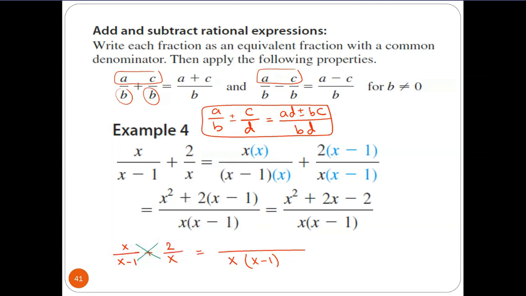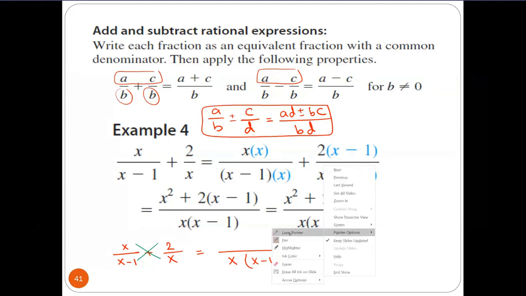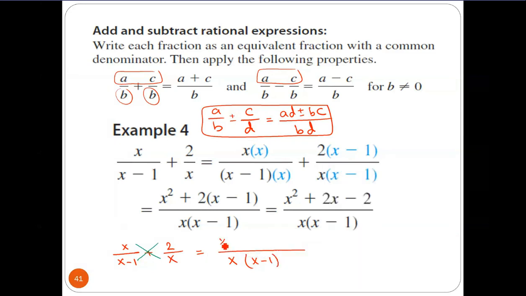Cross product: x multiply x equals x square, and plus 2 multiply x minus 1. Don't cancel x minus 1 with x minus 1. This is a big mistake. Why? Because we have addition here.